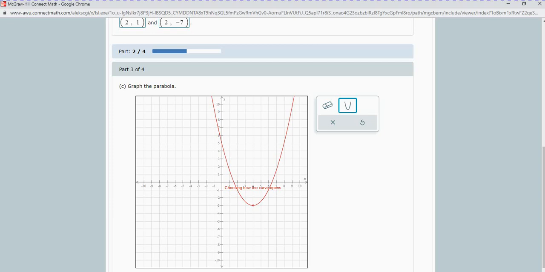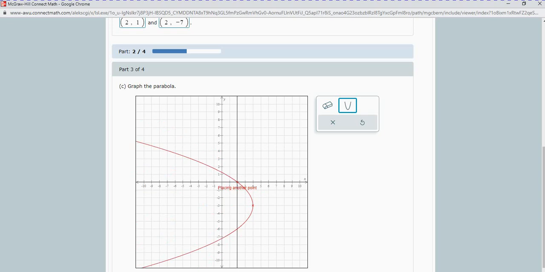Now it tells us to choose how the curve opens. So remember, that was part of determining the orientation. We can open up, we can open down, we can open right, and in our case we open left. So we'll orient the curve the way we want, click again, and then we want to place another point that's on the graph. This is where we use the endpoints of the latus rectum, either one, so 2, 1 or 2, -7.